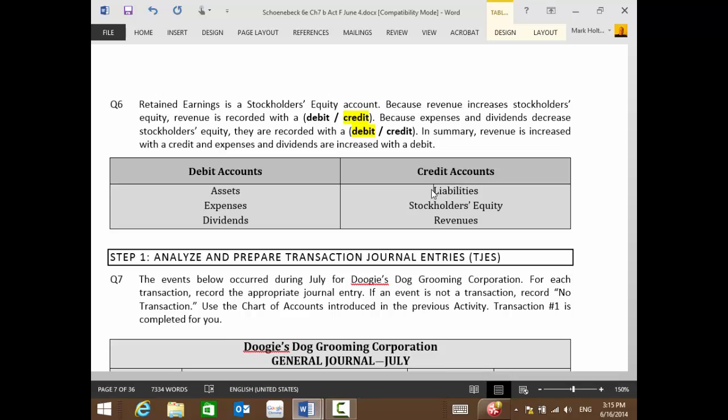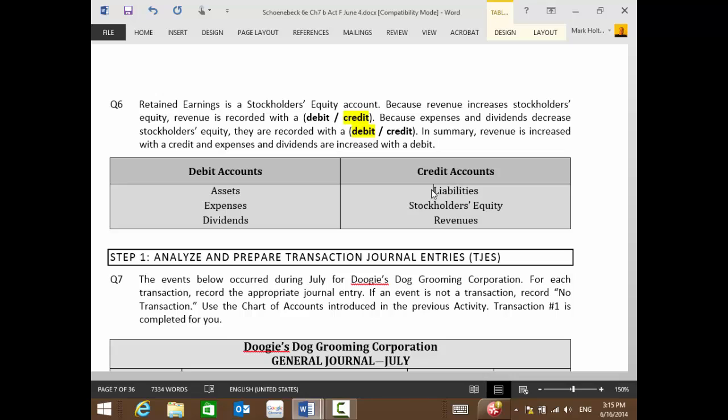So credits tend to be sources of funding. Debits, on the other hand, tend to be uses of funding. What are things you could spend money on? Assets. I could invest them in assets. I could have expenses. Expenses cost money. And I could also pay dividends to my shareholders. So thinking about it that way, these credit and debit accounts have those things in common.